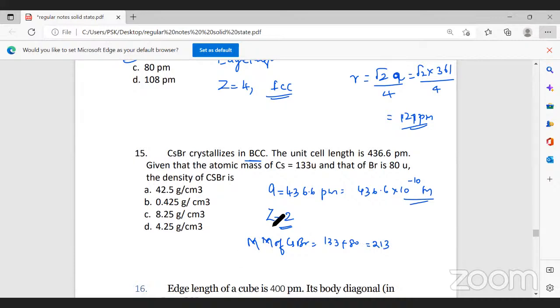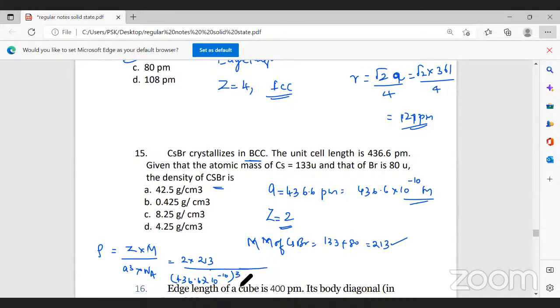Now they're asking you to calculate the density of cesium bromide. We know the density is given by the formula Z into M divided by a cube into Na. Z is 2. Molecular mass is 213. And a is 436.6 into 10 to the power minus 10, the whole cube.